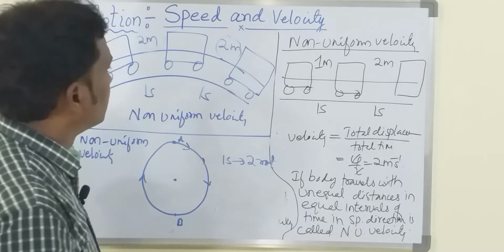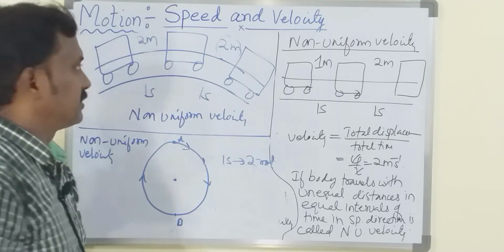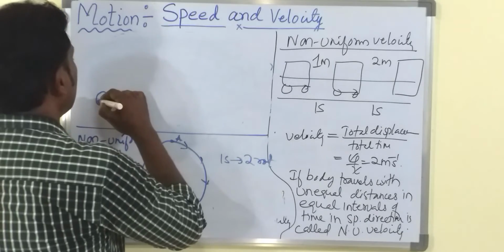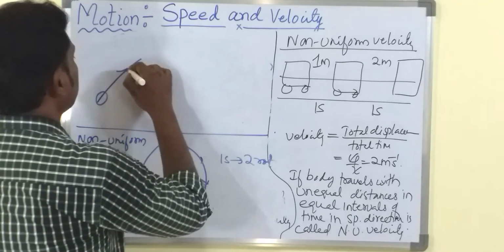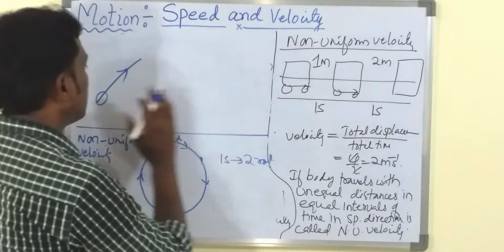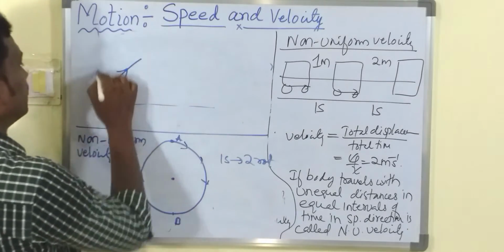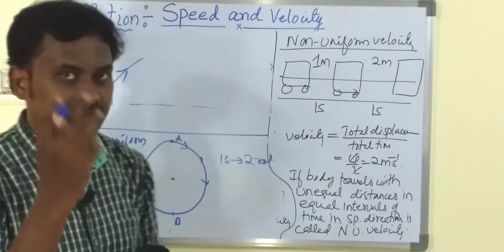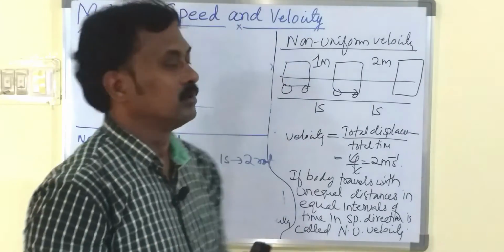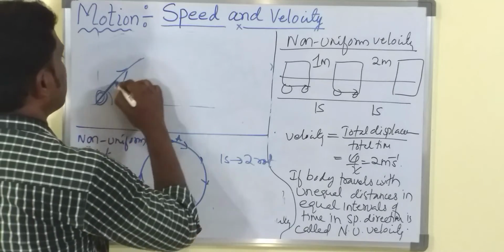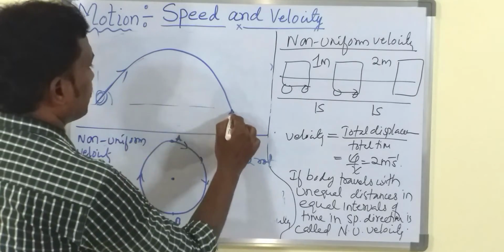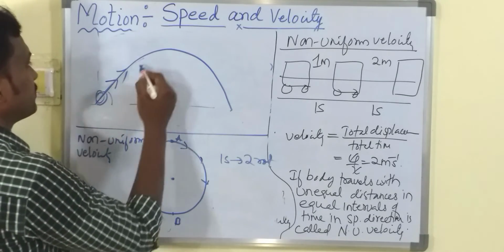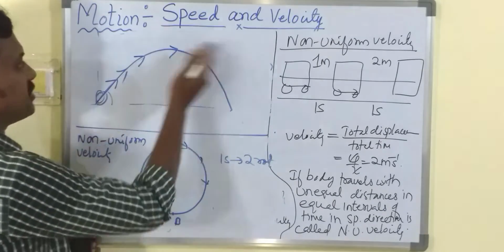Now we will take a fourth example for non-uniform velocity. Throw a ball in an oblique direction, not horizontal or vertical, making some angle with the horizontal, just like a cricket ball. The ball goes in this direction, and the direction of the path is changing.